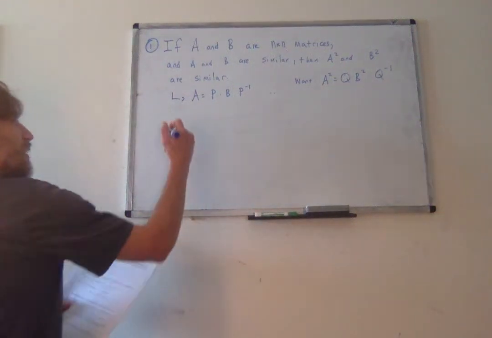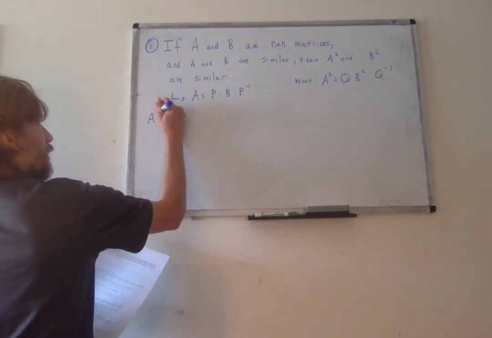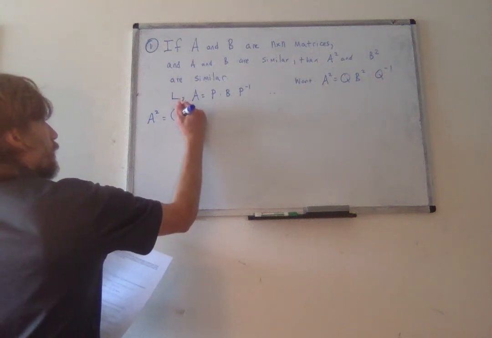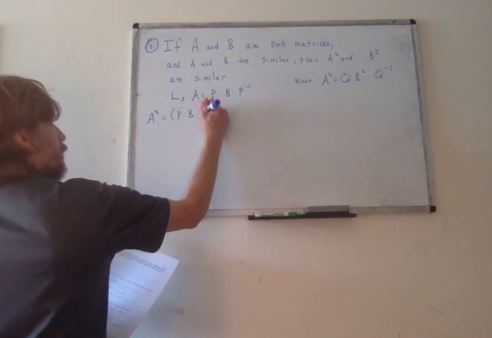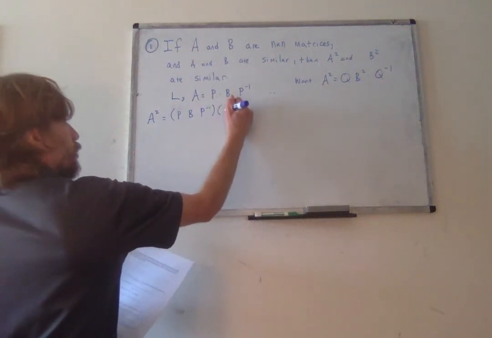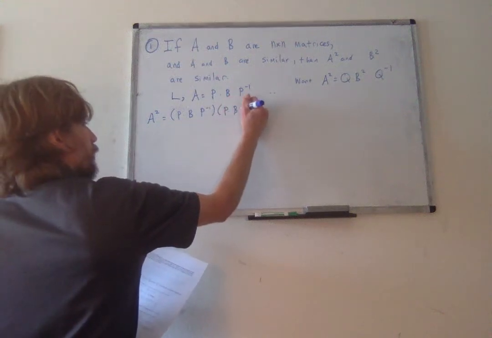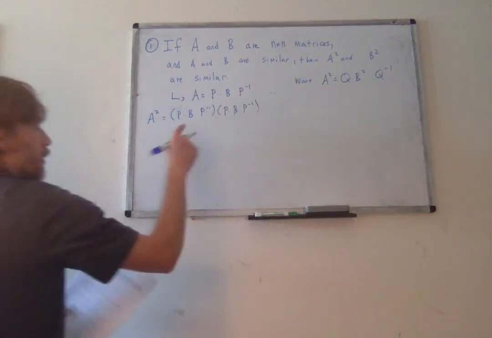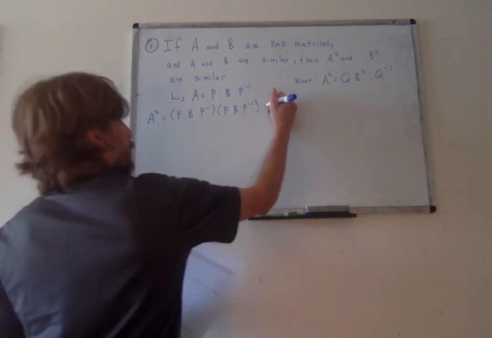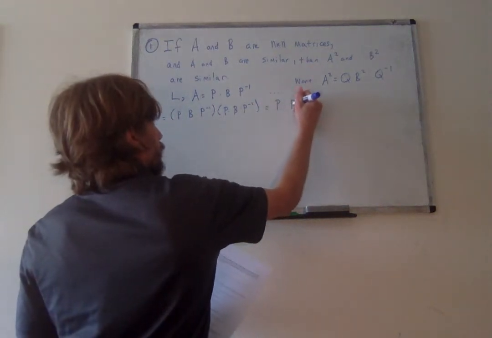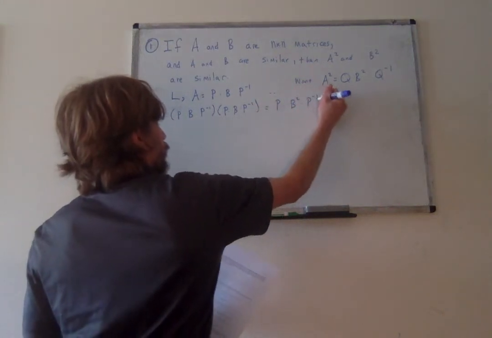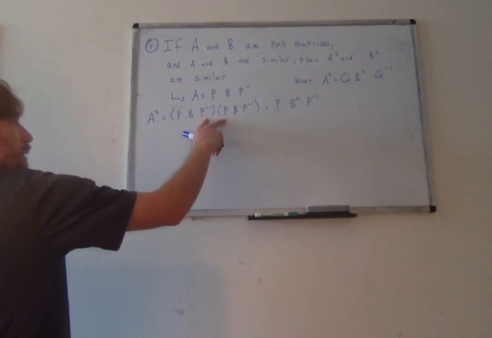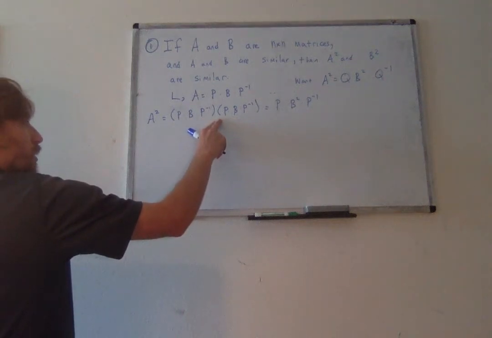Well, if we want A squared by itself, maybe a good thing to do would be to just square the equation that we already know. Well, look at this. If we work out this matrix multiplication, notice that this P inverse and P cancel each other out.